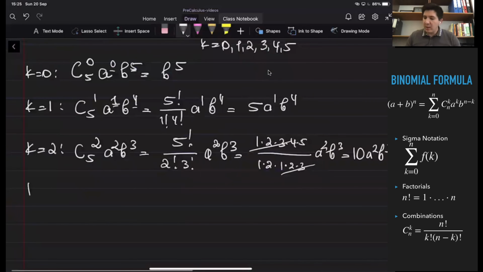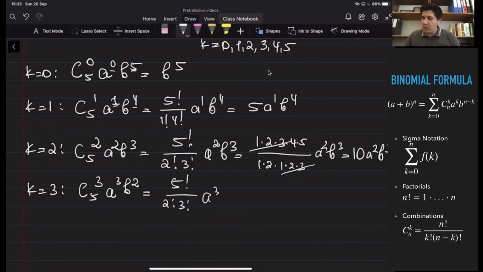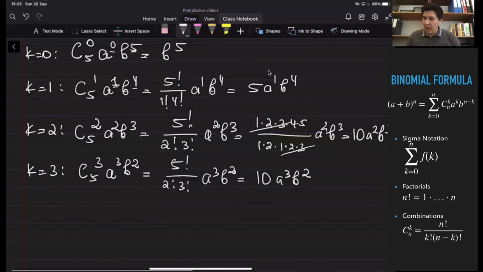When k is equal to 3, it's going to be C(5, 3), a^3, b^2. So it's 5 factorial divided by 2 factorial and 3 factorial, a cubed b squared, which is 10 a cubed b squared. Then when k is equal to 4, it's going to be C(5, 4), a^4, b^1.